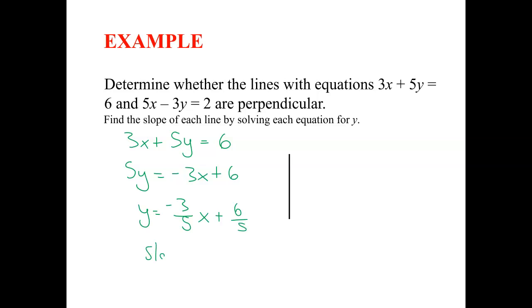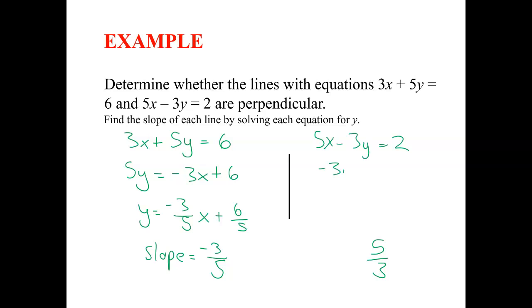So what's the slope? If the other equation is going to be perpendicular, what does the slope need to be for the other equation? Positive 5/3, because it needs to be opposite and the reciprocal. Okay, so I need to get a slope of positive 5/3. So 5x minus 3y.